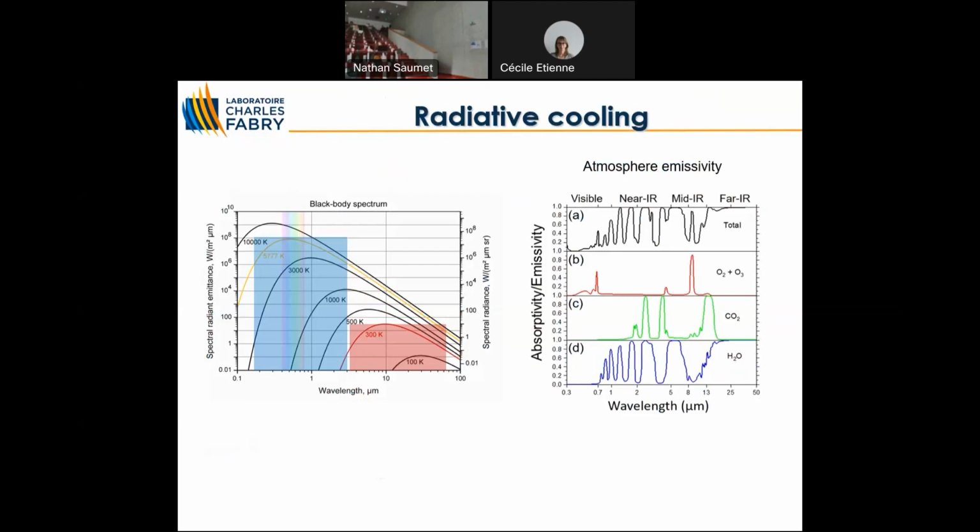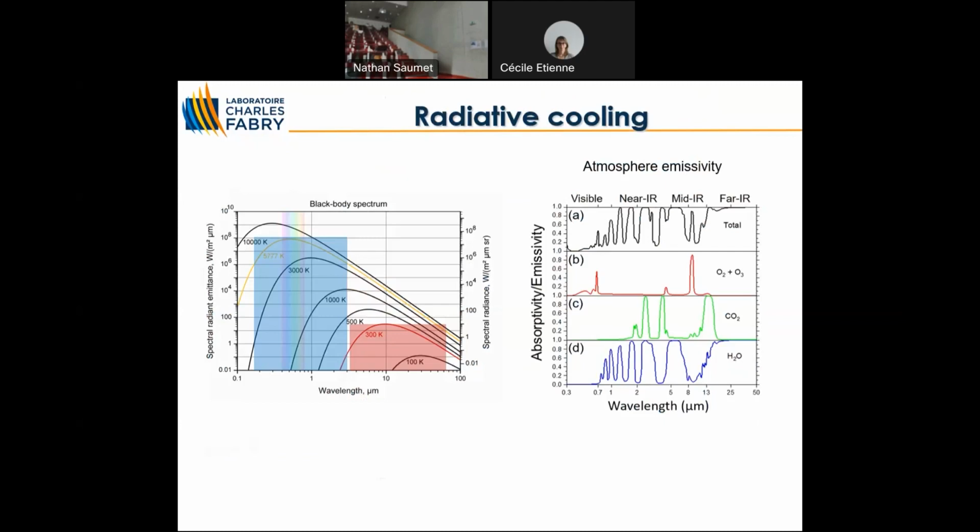So the idea to cool passively is to have a body which will not absorb the visible, so it's highly reflecting in the visible, and highly emissive. And beware, because you are receiving a lot of infrared from the atmosphere and from the sun.